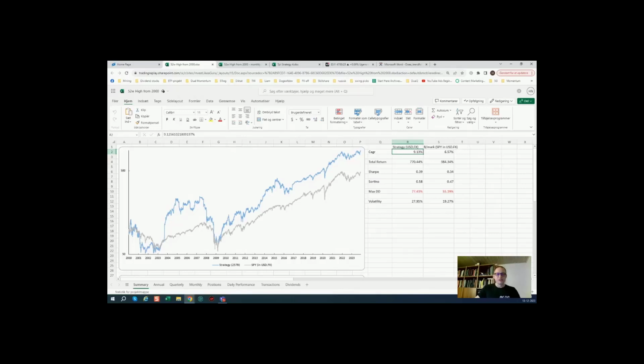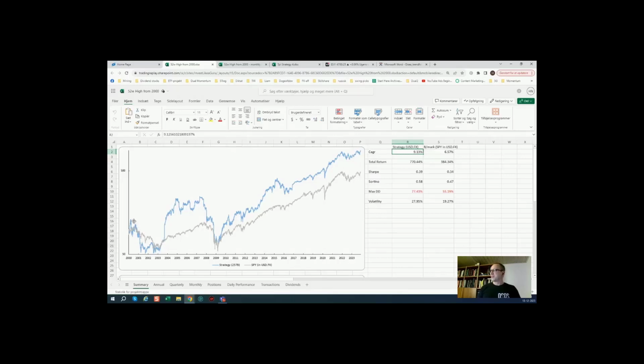I'll keep talking meanwhile. What you can see here is that over these years, the S&P 500 has actually made 6.57%, which means that this strategy is doing something like 40% better. And all right, there's someone thinking that 9% is absolutely not enough, and that is absolutely fair. But the 6.57% is what the market has made in these years.